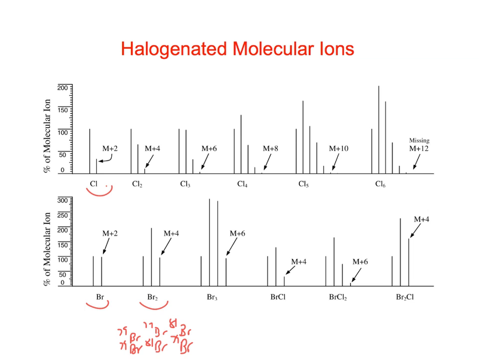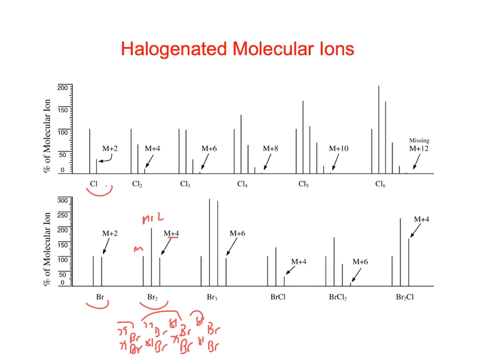Up here is bromine 81 and bromine 81, and this basically gives us a 1-to-2-to-1 ratio, at M, M plus 2, and M plus 4.